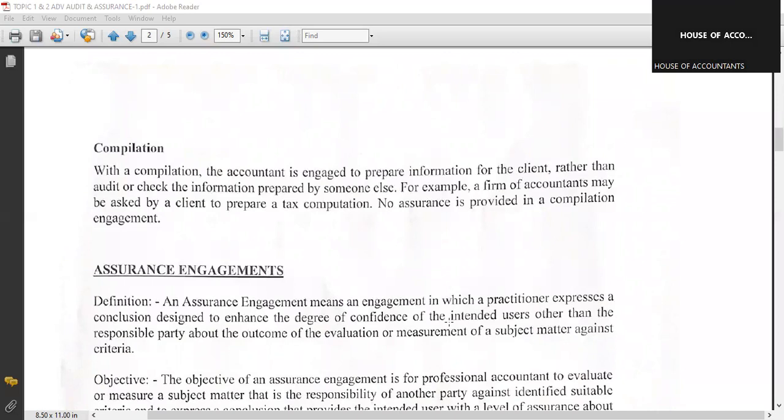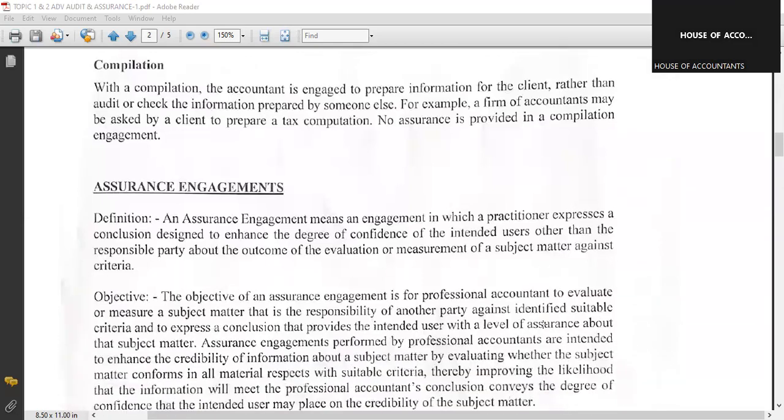So when you say assurance engagement, it means you are giving, even if it is not absolutely correct, at least it must be free from material error. You understand? So it may not be absolute, it may not be 100% correct, but at least very, very minimal. So when you get to materiality, we'll talk more about that.